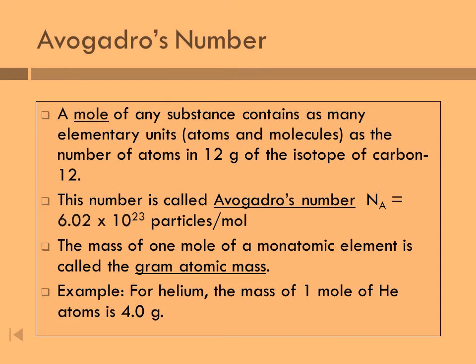Because the atomic mass of helium is 4. In a similar way, 1 mole of carbon will be 12 gram and 1 mole of oxygen will be 16 gram. So for that we have to learn a few common atomic masses of elements.